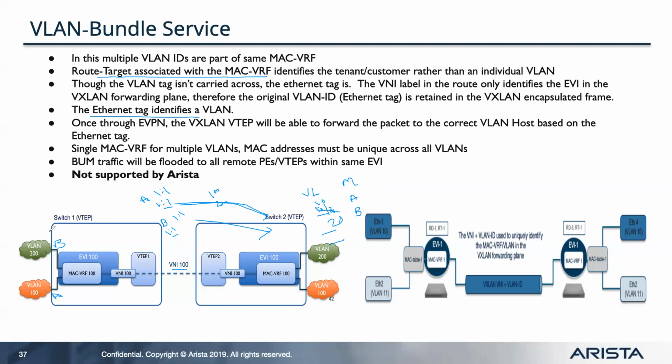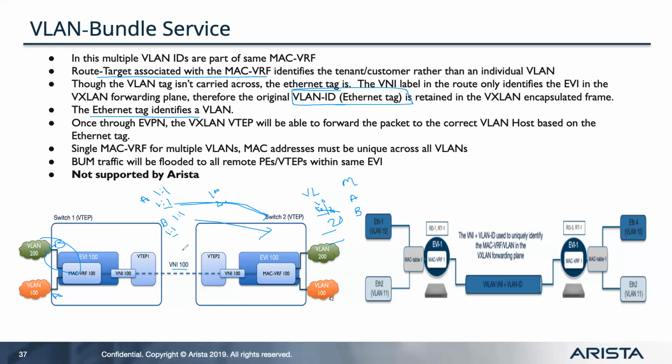Basically, it identifies a particular customer, but does not identify an individual VLAN based on route target, right? So basically that's why we use Ethernet tag. The VNI label in route only identifies the EVI in the VXLAN forwarding table. Therefore the original VLAN ID Ethernet tag is retained in VXLAN encapsulated packet.